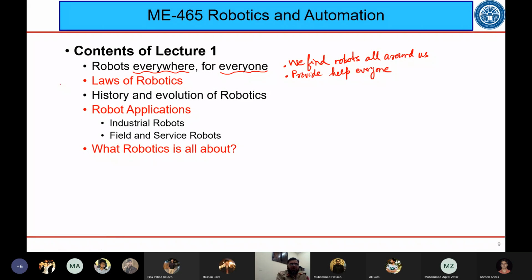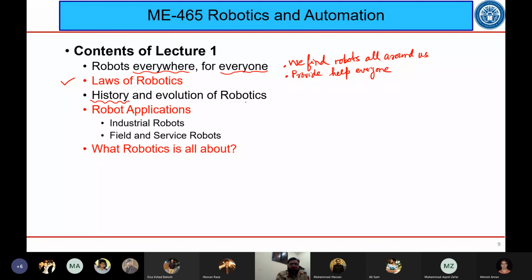Then we are going to talk about some laws of robotics, that over a period of time some laws have been proposed. They are followed to some extent, but not in true spirit. So we are going to talk about those laws also. We are going to talk about the history of robotics, how the robot was developed, and then the evolution of robotics.